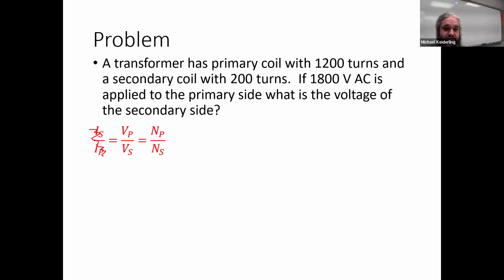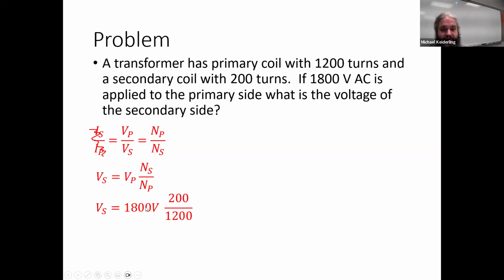So we're going to not worry about the currents, though you will get a much larger current on the secondary side. And voltage secondary will equal voltage primary times number of turns secondary over number of turns primary. And we get 1,800 volts times 200 over 1,200. And that's 300 volts. So by stepping down to fewer turns, we get a lower voltage, but more current.